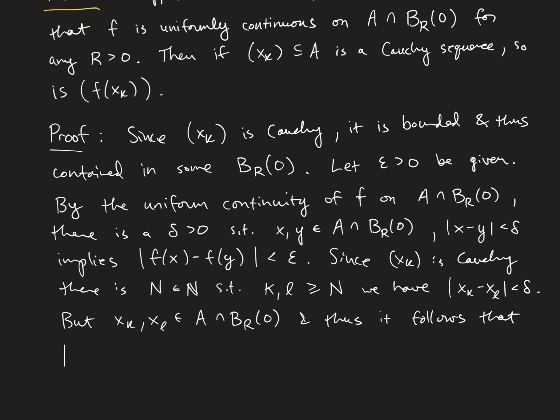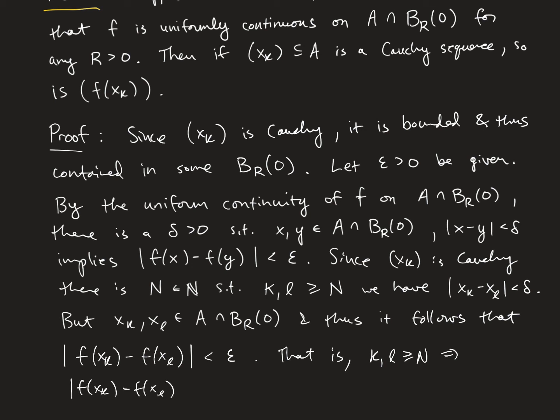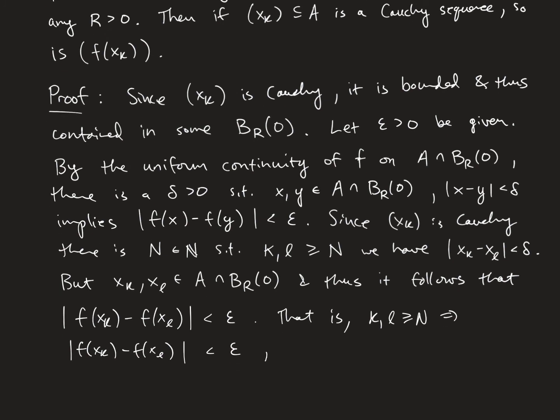And thus it follows that f of xk minus f of xl is within epsilon. And so that is: k, l bigger than or equal to n implies that f of xk minus f of xl is less than epsilon. So the f of xk sequence is Cauchy.